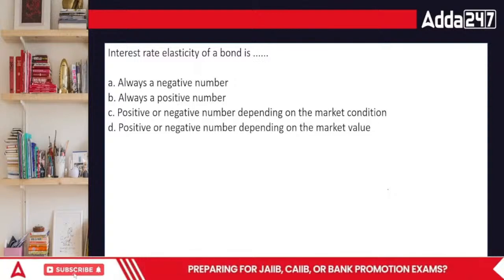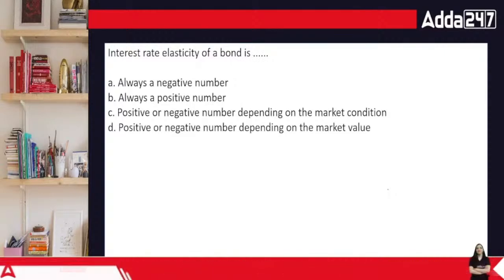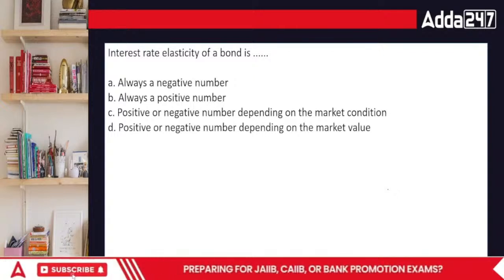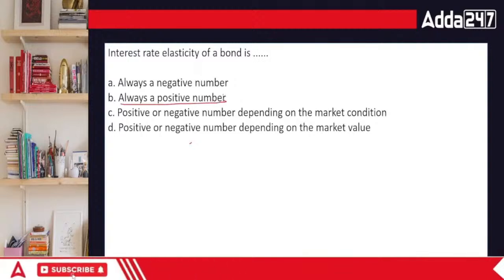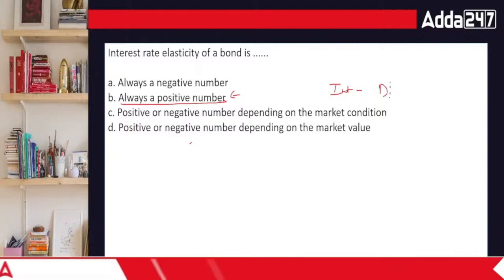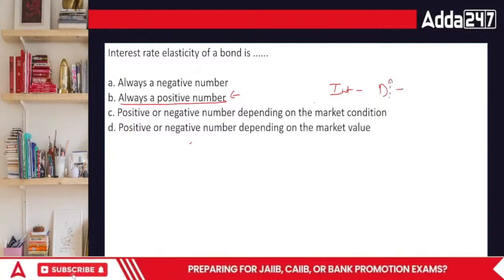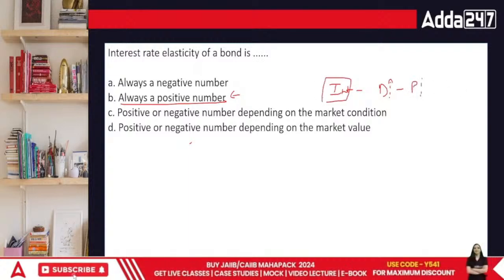Interest rate elasticity of the bond: if you change the interest rate now, if it goes higher, your bond will always have a higher value. If your interest rate is lower, then the bond will have a lower value, isn't it? Then it is always a positive number, because the direct relationship is positive. That means if you increase your interest rate, the demand of the bond will go higher, and if this is related to this specific bond, then what will happen? The price will also increase.